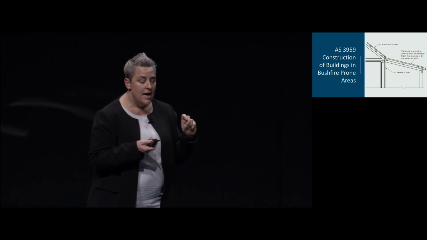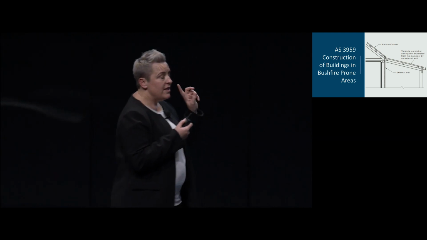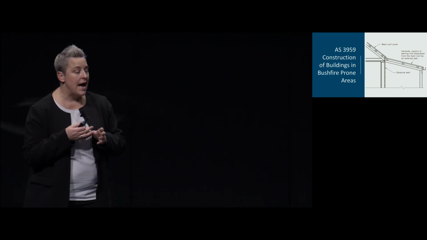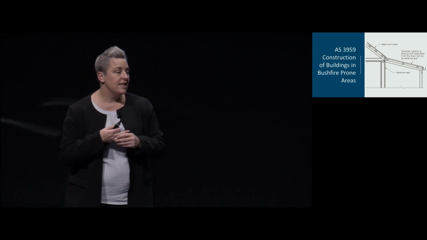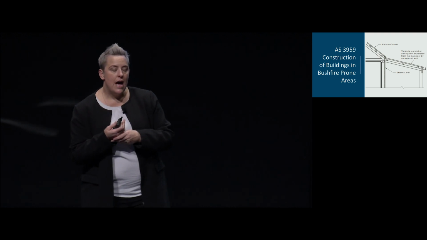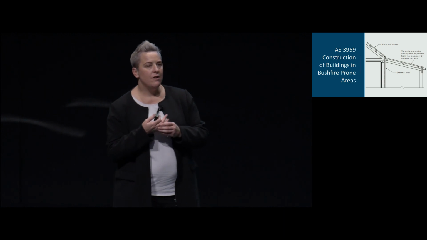As you'll remember, before you couldn't have those roof coverings in those areas. You can now, and the example on the screen shows that as long as that roof, so your veranda or your carport, is separated from the main part of the building, they can have those materials.